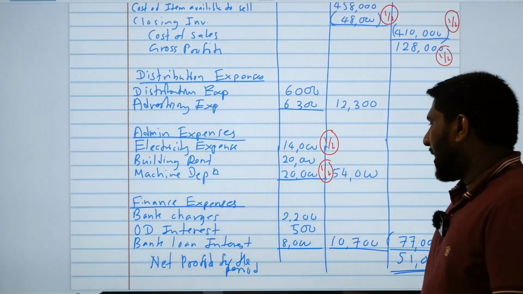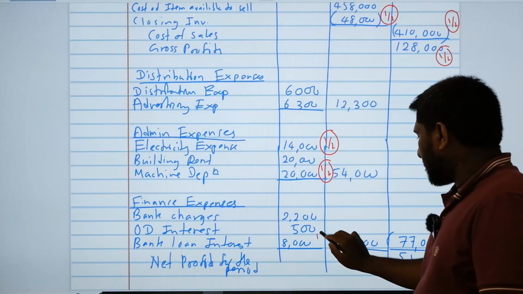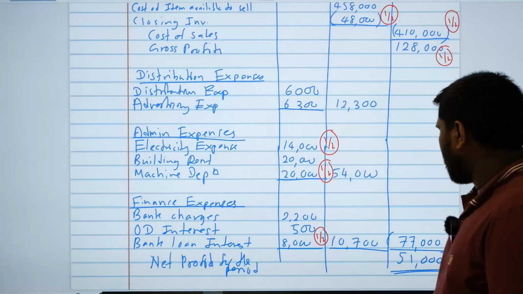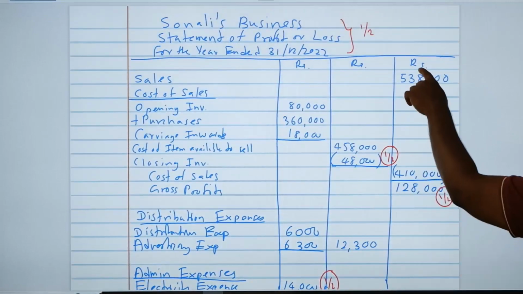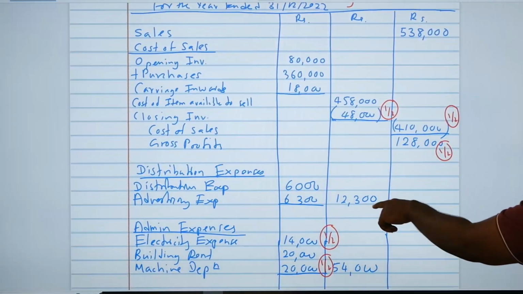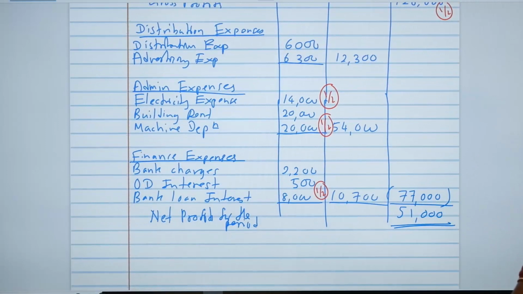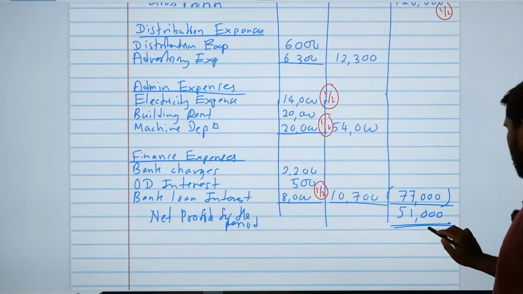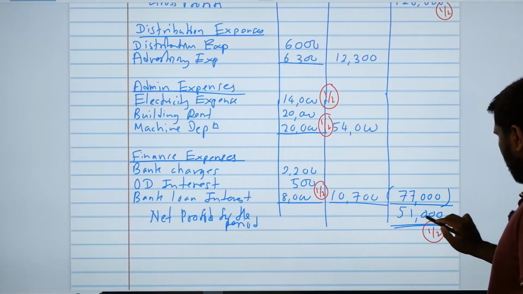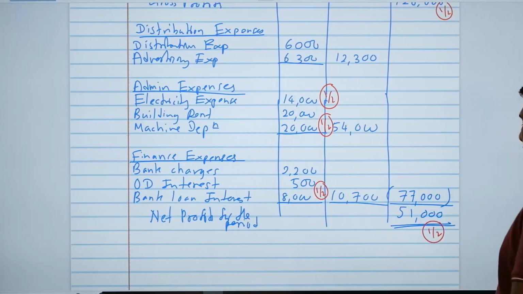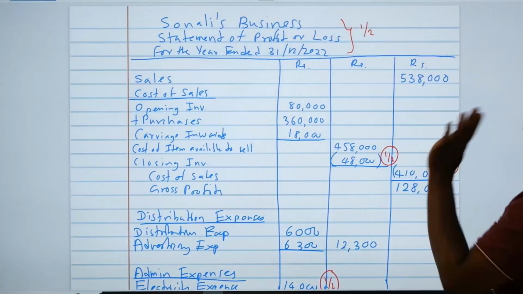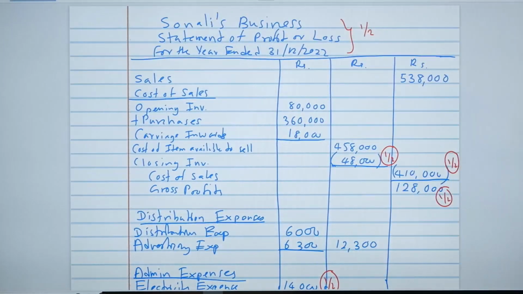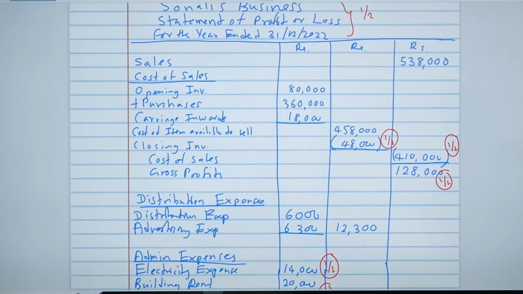Then for the bank loan interest half a mark. For the net profits half a mark. So in total 4 marks for the income statement.